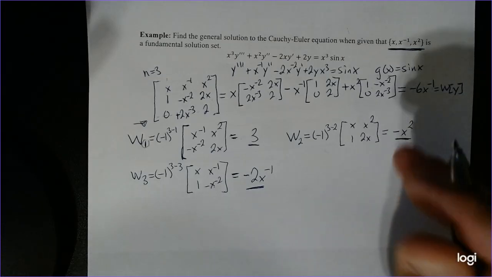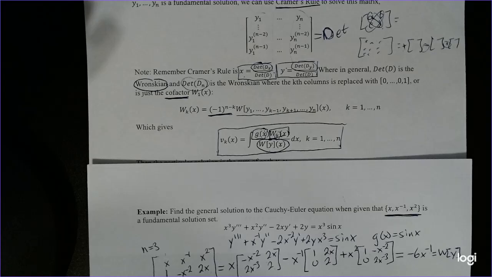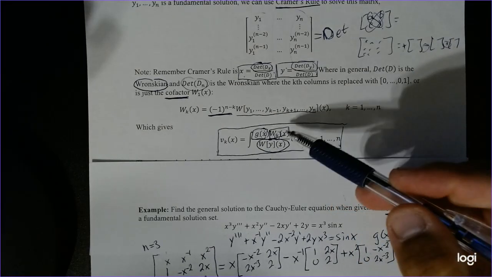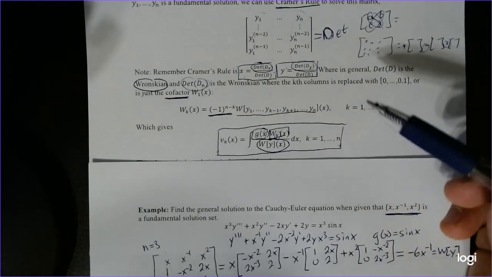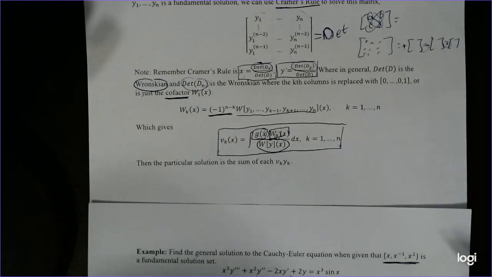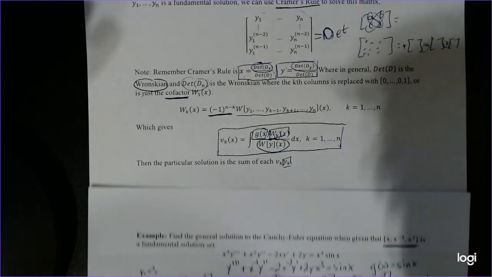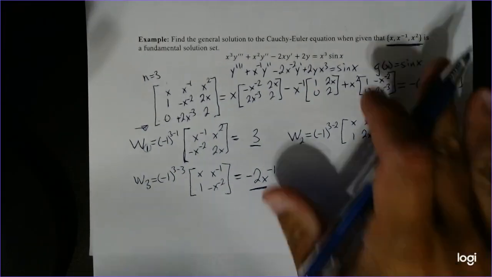Now finally, we have everything we need to solve for this kind of situation. Okay, so to solve for Vk, it is going to be the integral of sine x times each individual Wronskian divided by the actual Wronskian. So divided by this value here. Okay, and at the very end, we're just going to multiply by each yk. Right, so we'll just do each one individually.